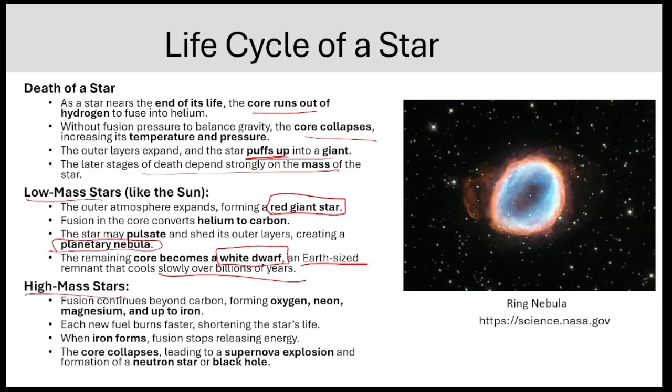For high mass stars, sorry, for low mass stars, the fusion is from hydrogen to helium, but for high mass stars, the fusion will continue beyond carbon, oxygen, neon, magnesium, and up to iron.